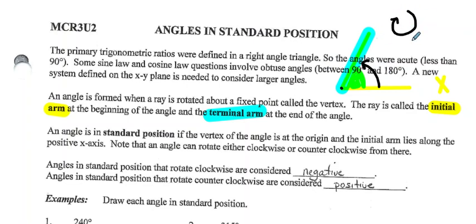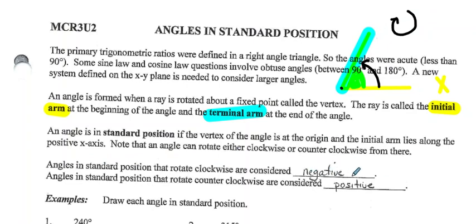And I know you don't always look at clocks that have numbers like 1 through 12 because you're always looking at your watches and digital clocks, but you need to look at the older type of clocks, the analog clocks, and that's clockwise. This is counterclockwise. So that's why we look at these angles in standard position that rotate clockwise, so this way, they're going to be negative angles.